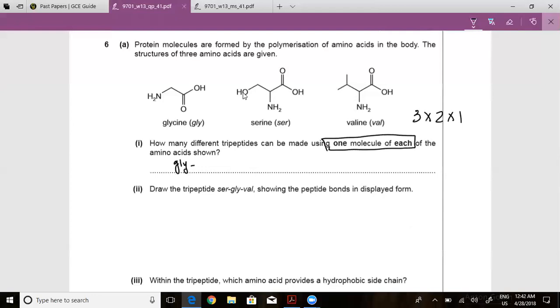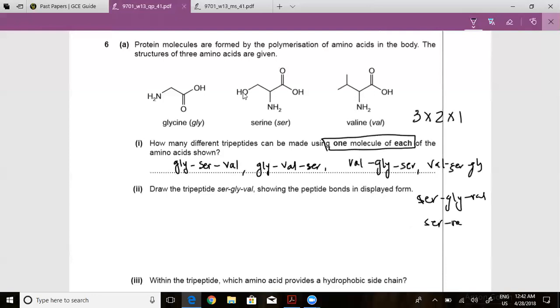If you don't understand, you can write down all of them, so you can get gly, ser, val, gly, val, ser, ser, gly, val, ser, val, gly, val, gly, ser, val, ser, gly. Okay, these are the 6.